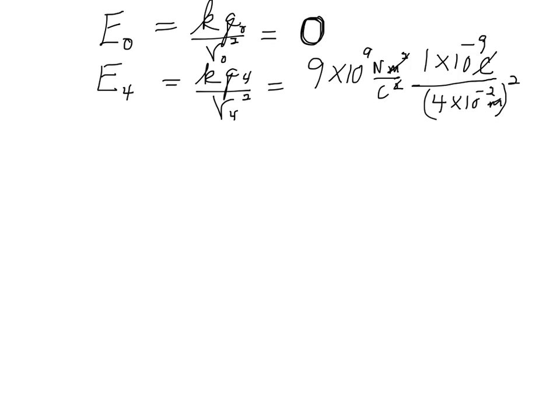9 times 1, you can do that, divided by 4 squared. Okay, what is it, 5.625? Doesn't matter, right? 9/16. This is 10 to the minus 2 squared. That's 1 over 10 to the minus 4, so that's 10 to the 4.